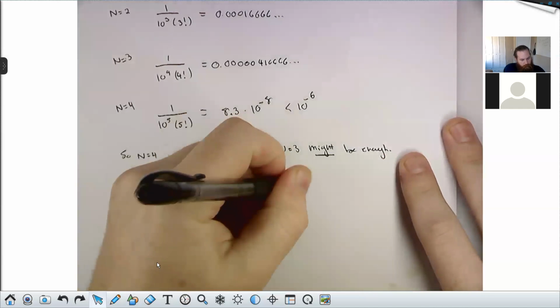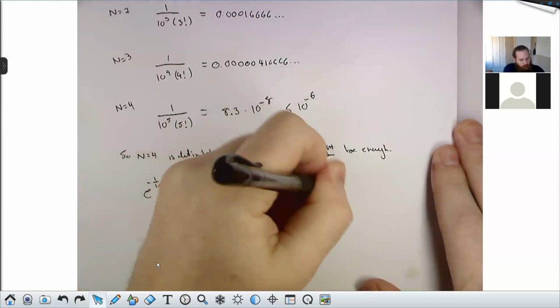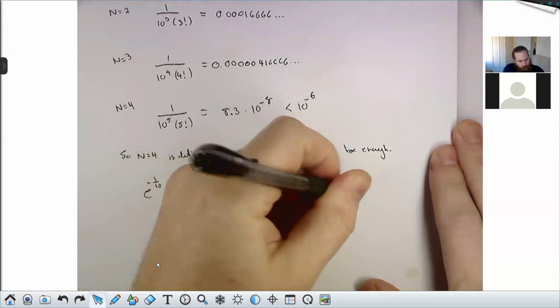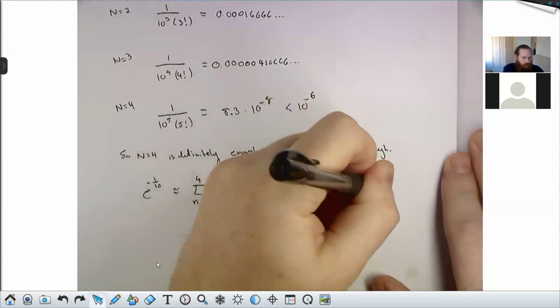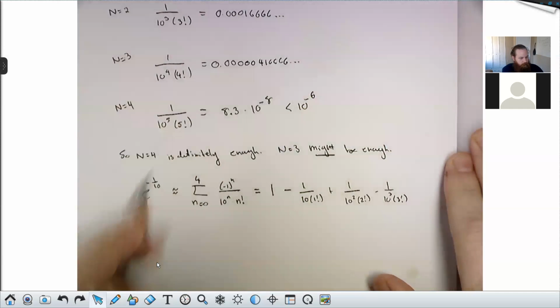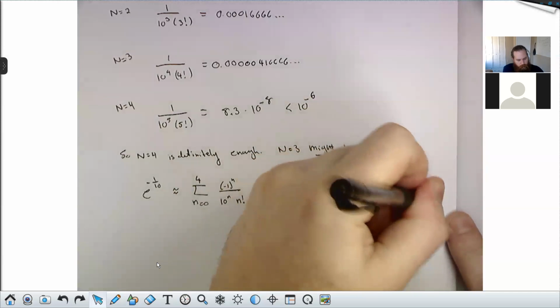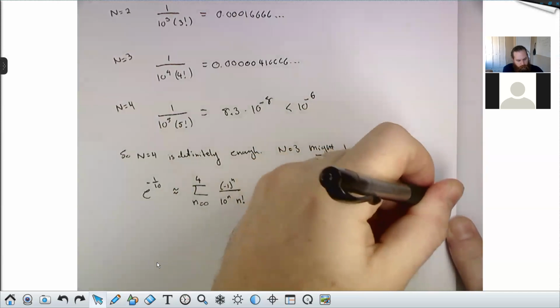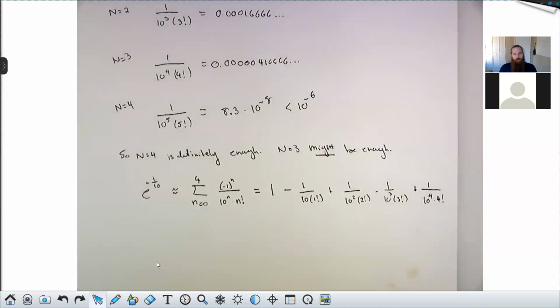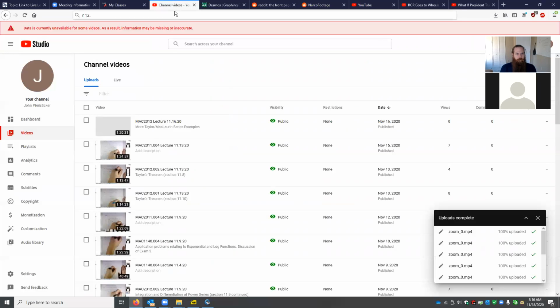And then we'll have minus 1/10 times 1 factorial, and then plus 1 over 10 squared times 2 factorial, and minus 1 over 10 cubed times 3 factorial. That's out to the n equals 3, so 1 more plus 1 over 10 to the 4 times 4 factorial. This is the partial sum I need to calculate. And there's no sense in doing this by hand. You're free to use a computer to do this. Let's talk to Wolfram for a minute.